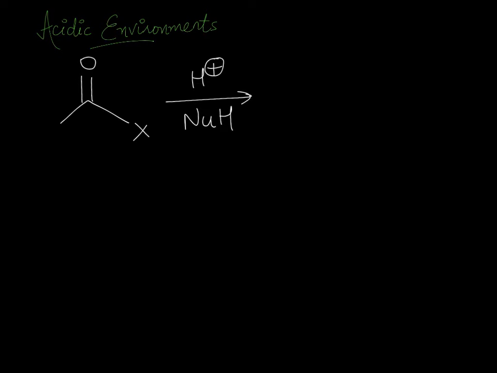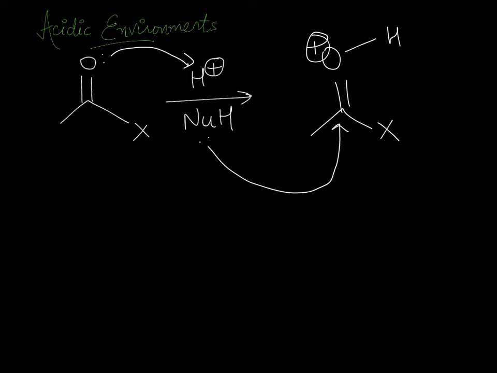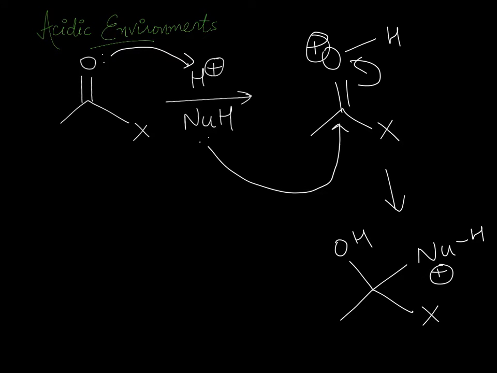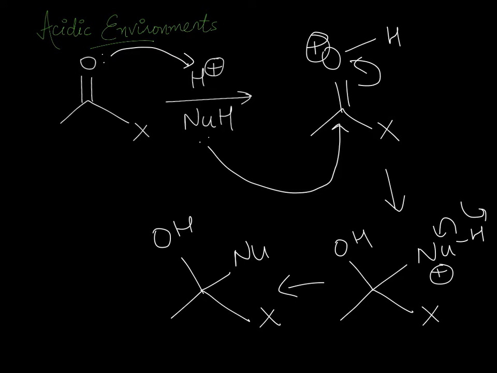So instead, you can have the oxygen grab a proton first, forming this, and then you can have the nucleophile attack the carbonyl carbon, which gives you this product. And now you can do things like deprotonate the nucleophile to form the proper tetrahedral intermediate.